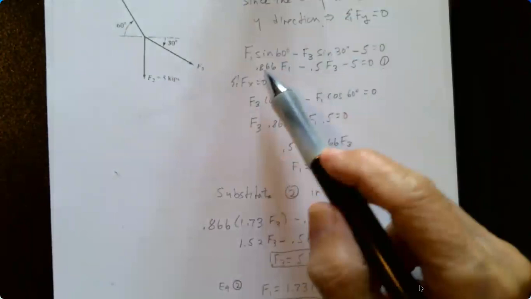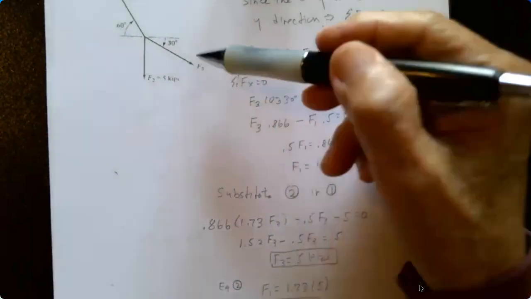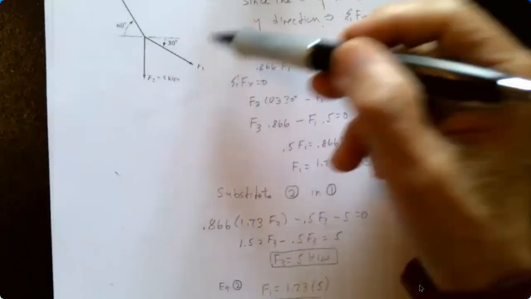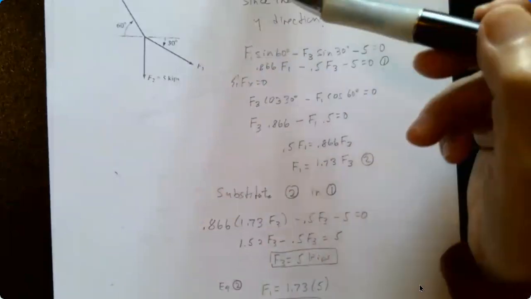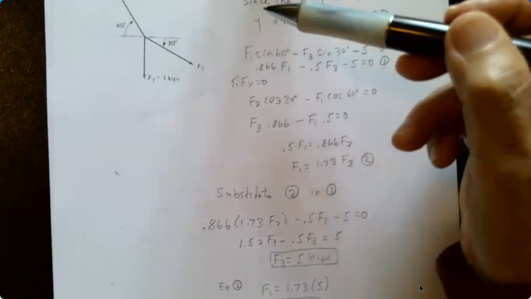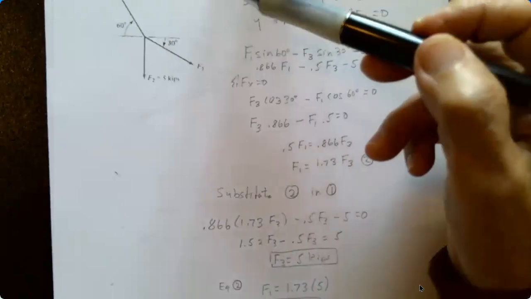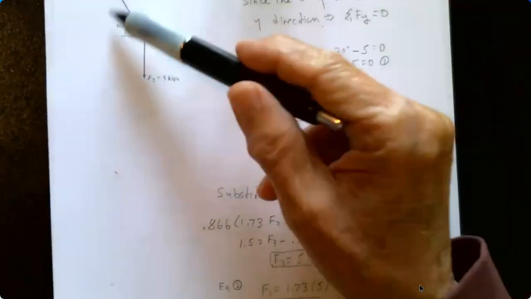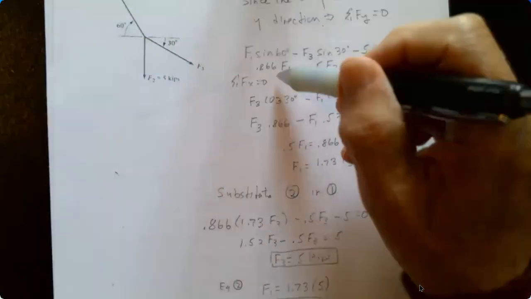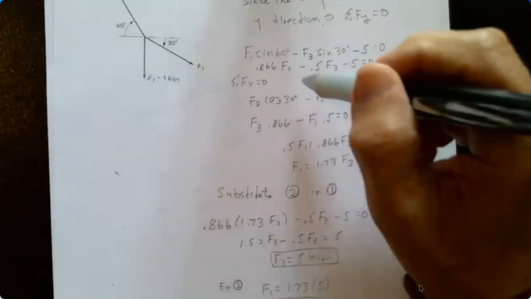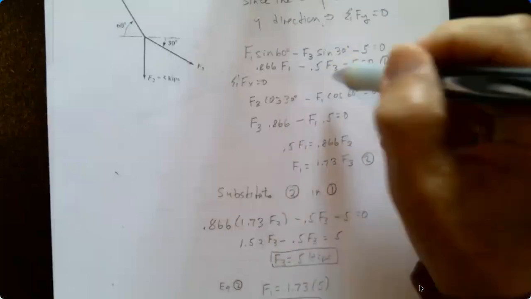Okay, again, this is a sine function for the F3. F1 is also a sine function of its 60 minus 5. So you have an equation with F1 and F3.